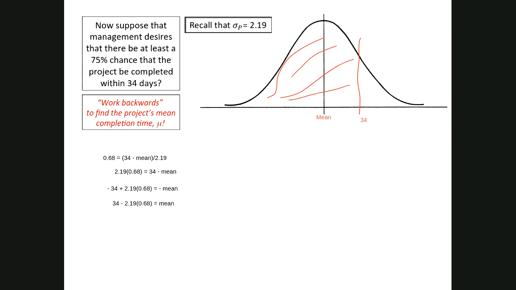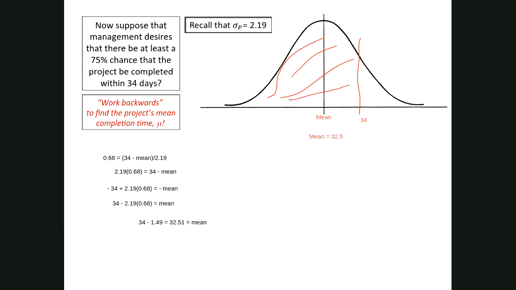So now, why is this important? Because now that we know that the mean is 32.5, I'm just going to round that to 32.5.